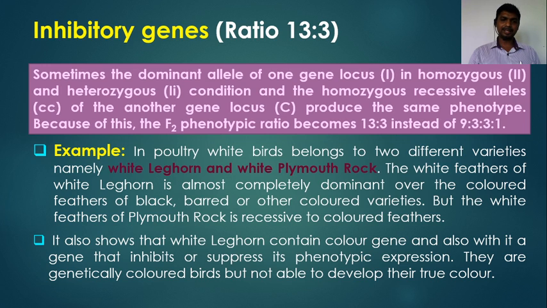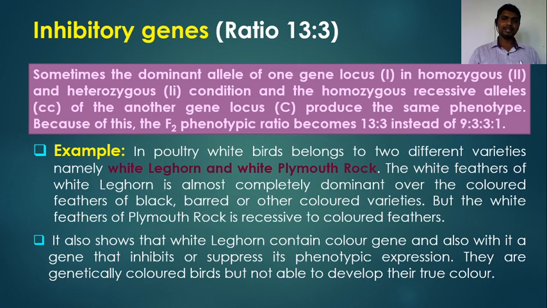They are genetically colored birds but not able to develop their true color because of the presence of the inhibitory gene, the I gene, that suppresses the phenotypic expression of the color gene. So this is the example of the inhibitory gene.